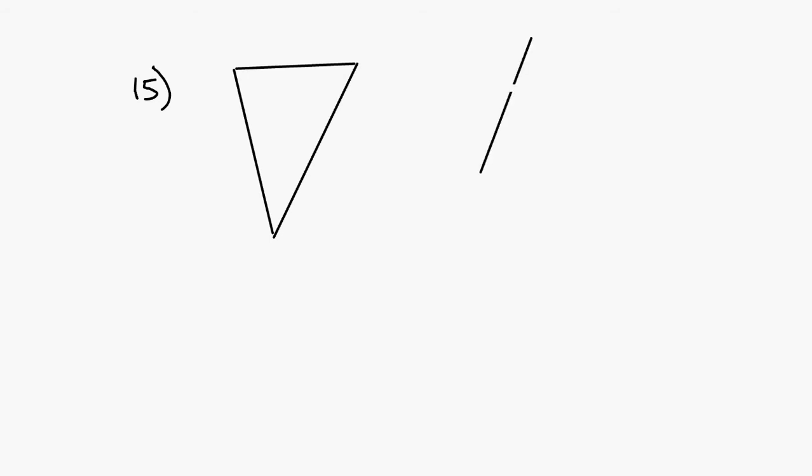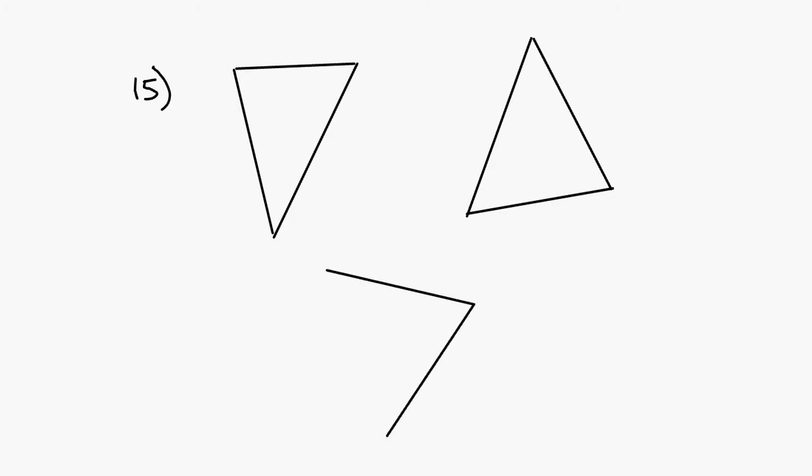Number 15. They give you a picture of 3 triangles. This first triangle is TVU, FGH, and ABC.